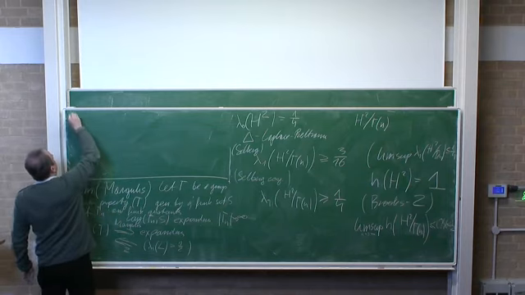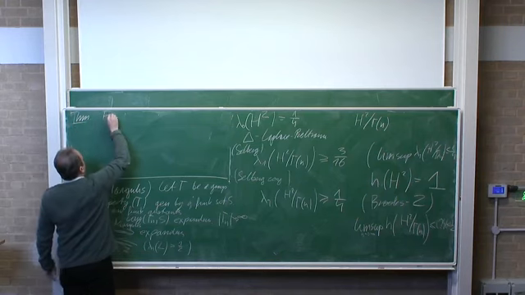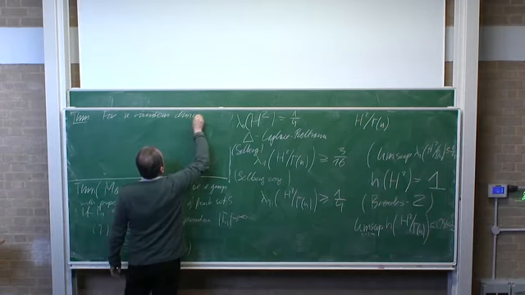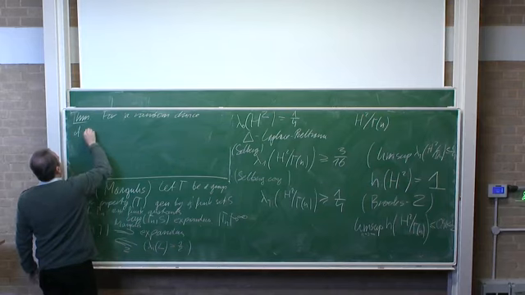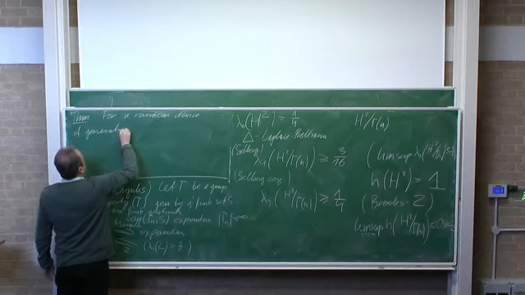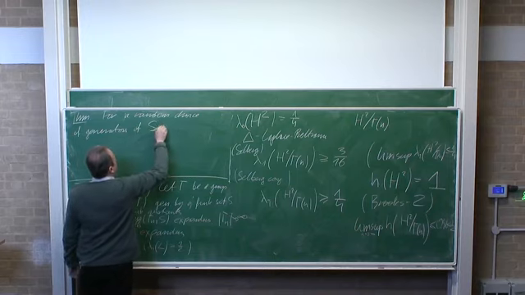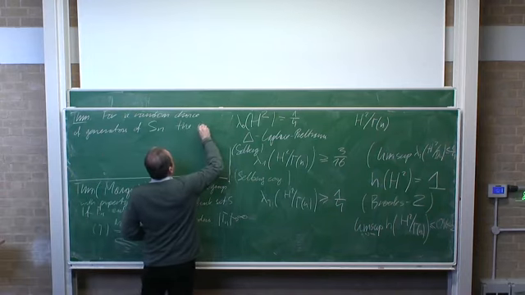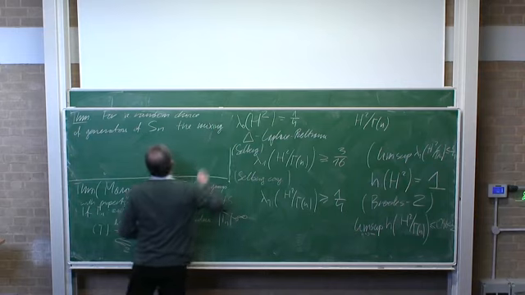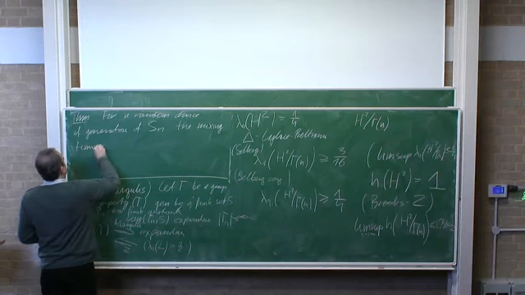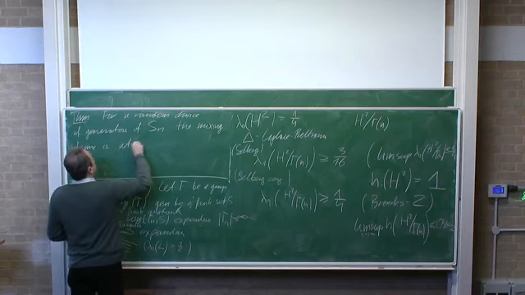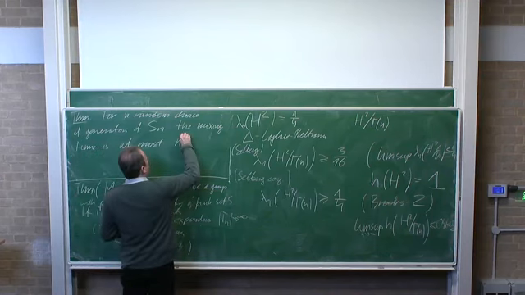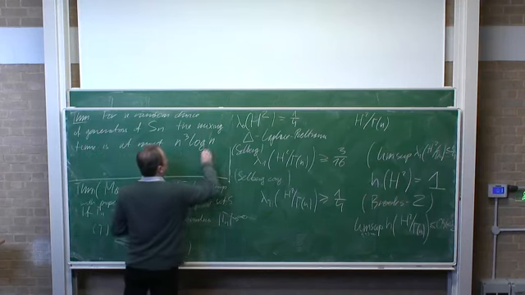What we prove is that for a random choice of generators of the symmetric group, the mixing time is at most n cubed log n.